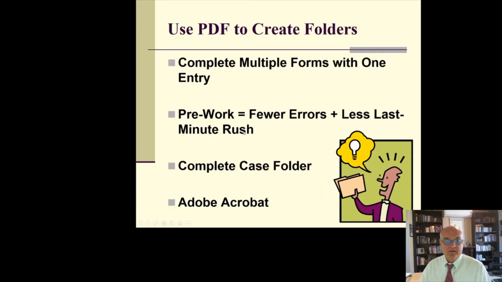Okay, I like Adobe Acrobat because of that feature. You can just set up one field, fill it in, and it will populate the rest of the document. Using that for every single case, what it does is it ensures I have the right material I need at every meeting and every time I assess a child.